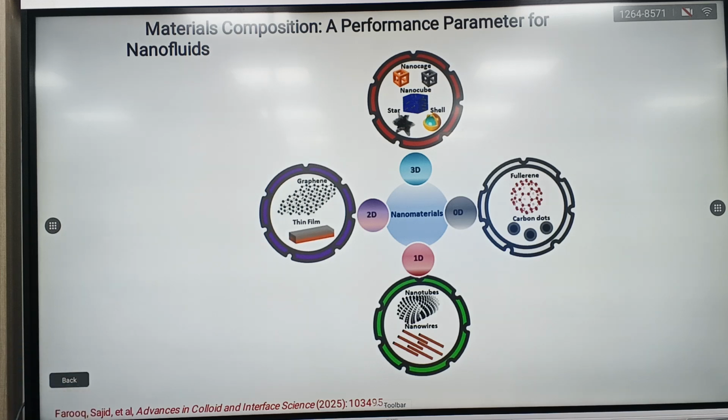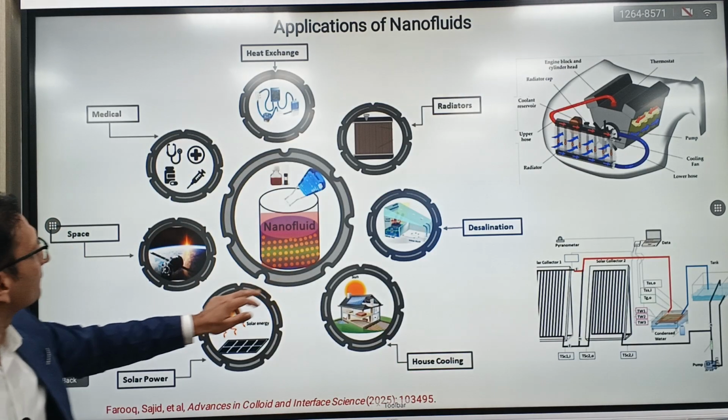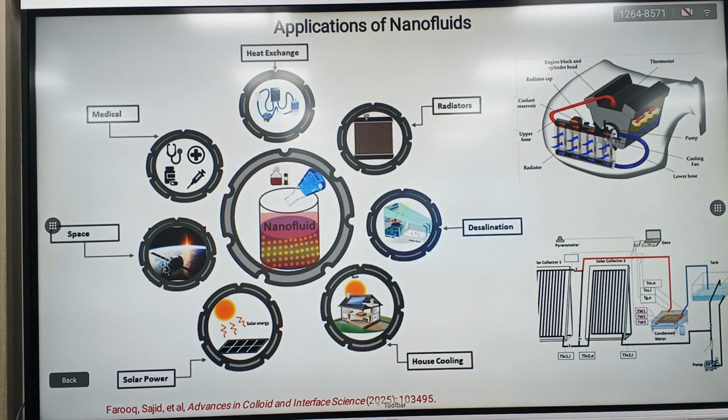Material composition is another thing. If we are using gold, it is very active in nanofluid. If we are using some semiconductor material, we don't get too much efficiency, as I already discussed. So what is the application? We see satellites, right?